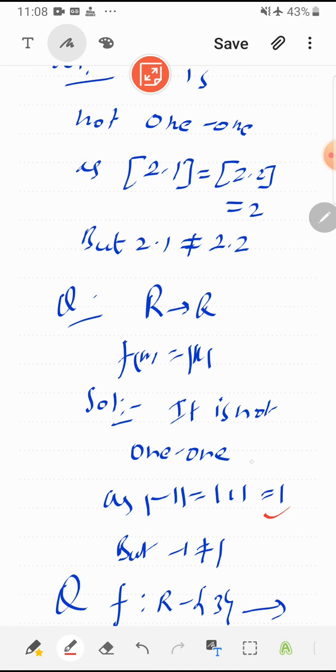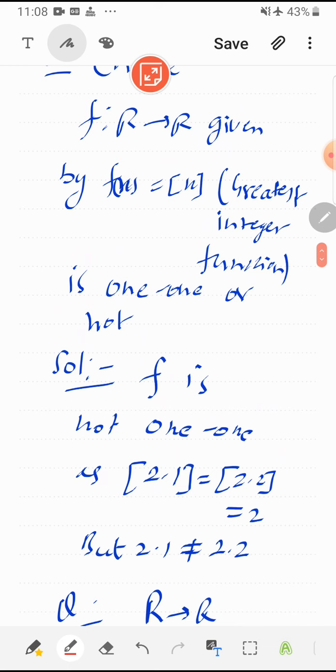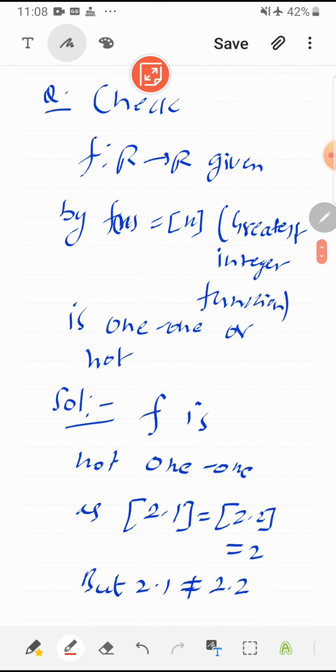Now sometimes, if I change the domain and codomain of the same function from Z to Z, will the result change or will it be the same? So the answer is it will change.